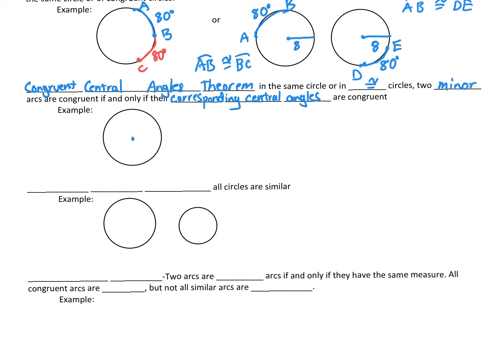So we have the same circle here, and we call this, let's say, A, B, and C. And this central angle was 70 degrees, and this was also 70 degrees. Then we can also say arc AB is congruent to arc BC.